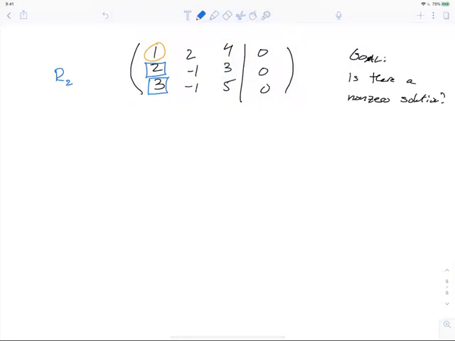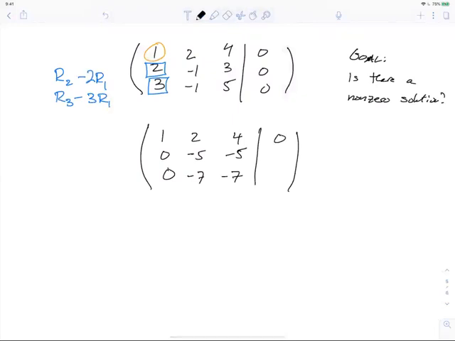So we're going to do R2 minus 2R1 and R3 minus 3R1. And when we do that, we're going to get 1, 0, 0, 2, 4, minus 5, minus 5, minus 7, minus 7, and 0 is all on the right.